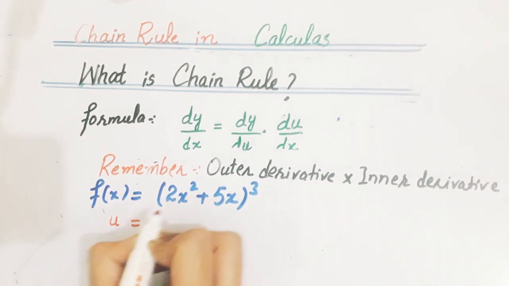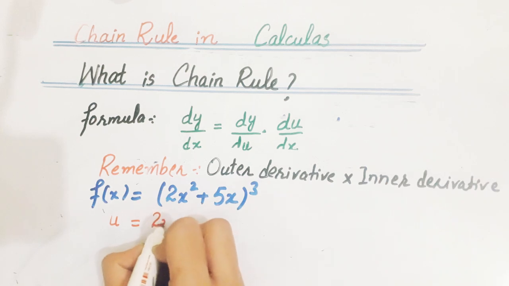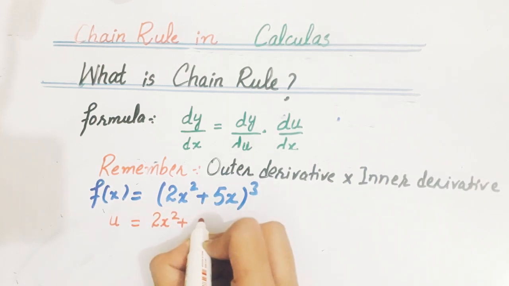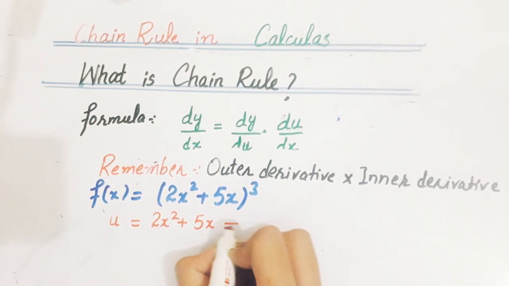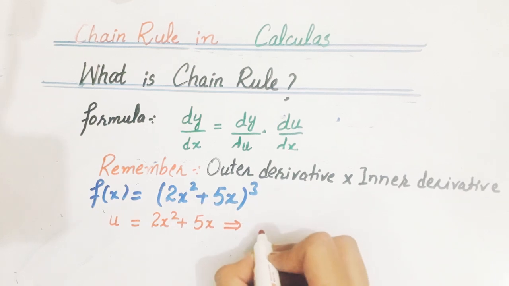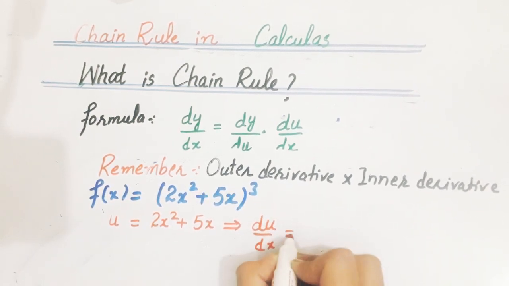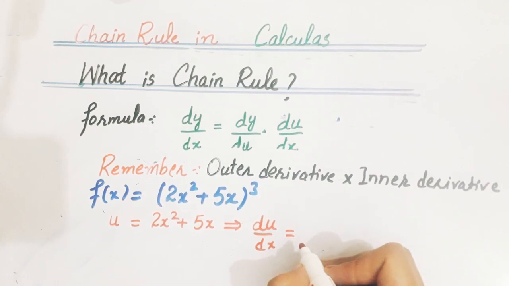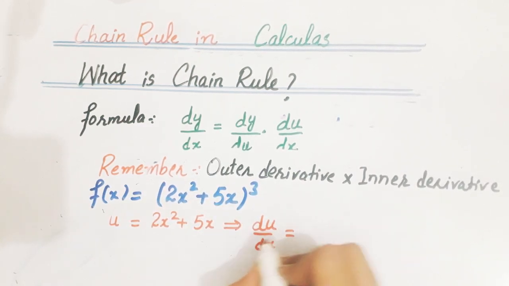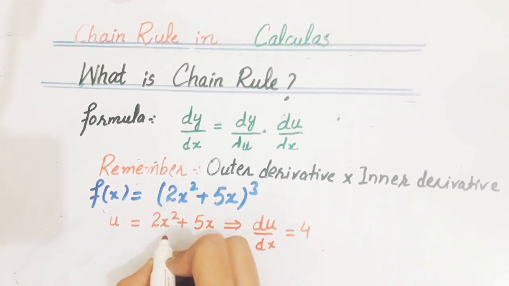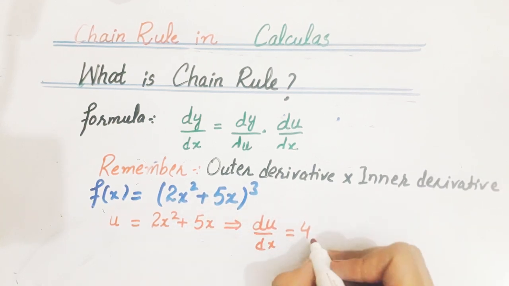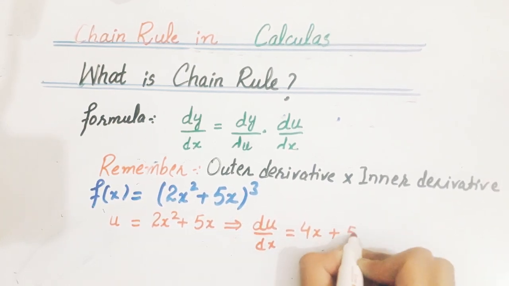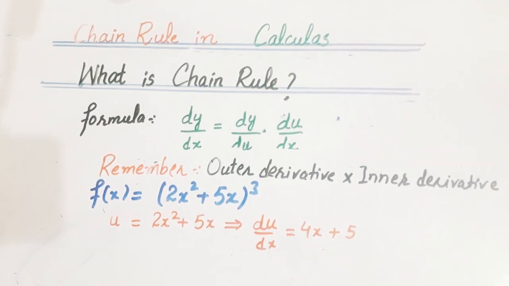So u equals the inner function, that is 2x square plus 5x. Then differentiate this function. So du by dx equals 4x plus 5: 2 into 2 is 4, and then 2 minus 1 is 1. So 4x plus 5 is the derivative of the inner function.